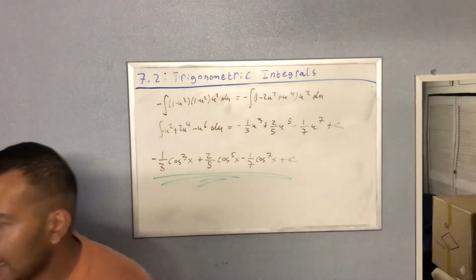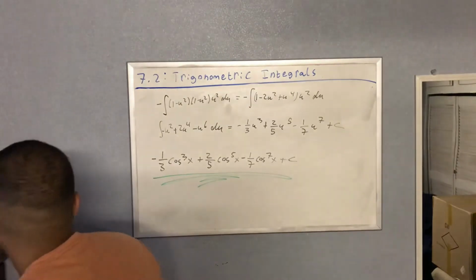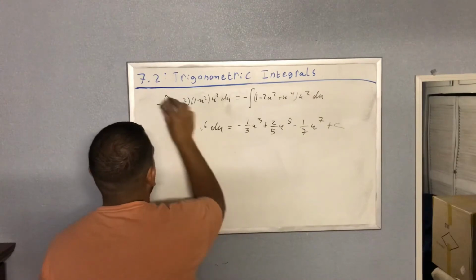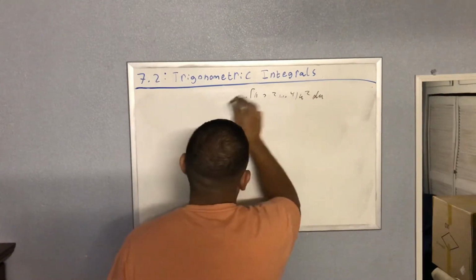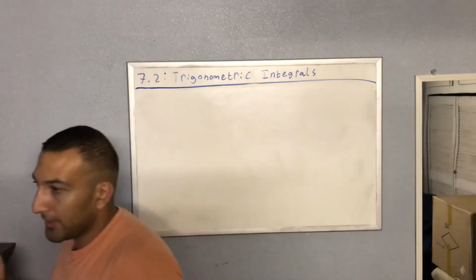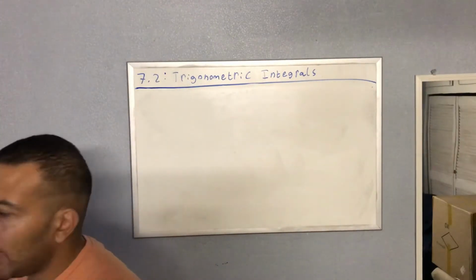Okay, so the next integral that we're going to deal with, or other integrals, may require these following identities. You may or may not remember them. They're the double angle identities.